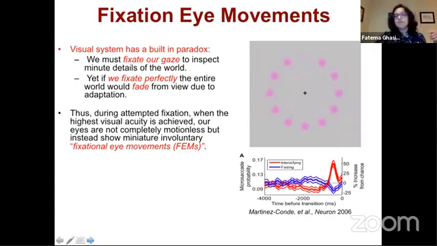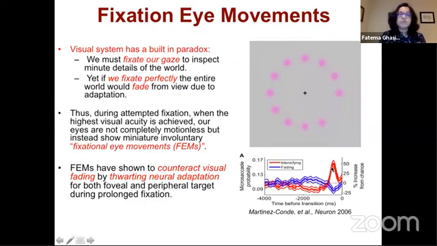They had the subjects push the button when they perceived the stimulus to disappear and release it when it reappears. And what they found is that microsaccades or fixational saccades increased during intensification and decreased during fading of the visual stimulus. So to just reiterate, fixation eye movements play an important role. They counteract visual fading by thwarting neural adaptation for both foveal and peripheral targets during prolonged fixation.